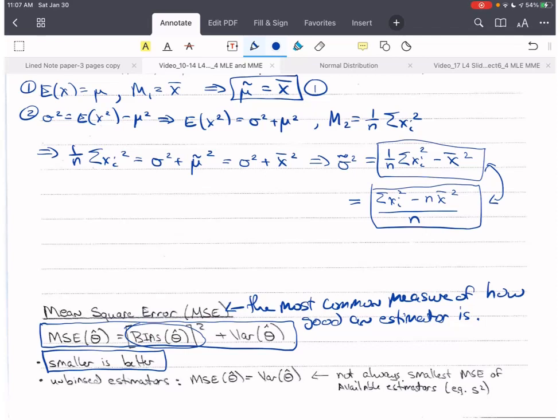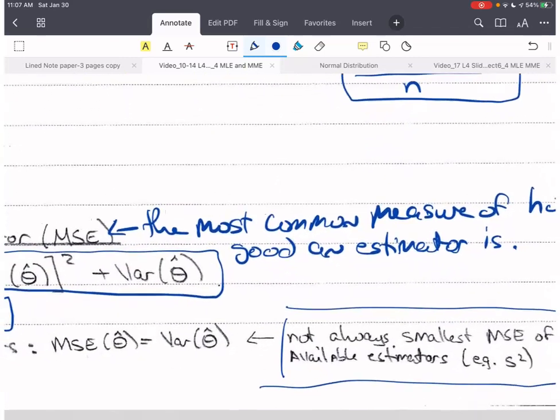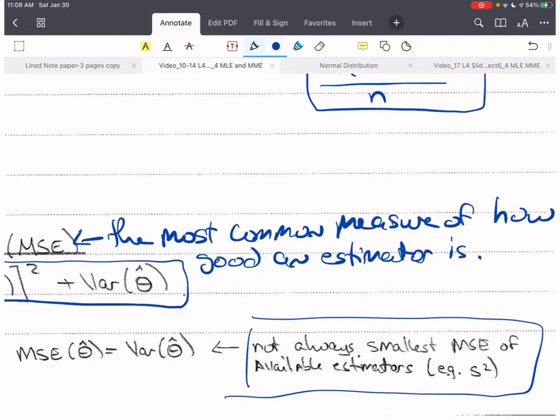Now, you might automatically think that unbiased estimators are the best, but I'm telling you that's not always true. Not always the smallest MSE available. In other words, S squared is biased, but it's still one of the best estimators. It has one of the lowest MSE of all the estimators.